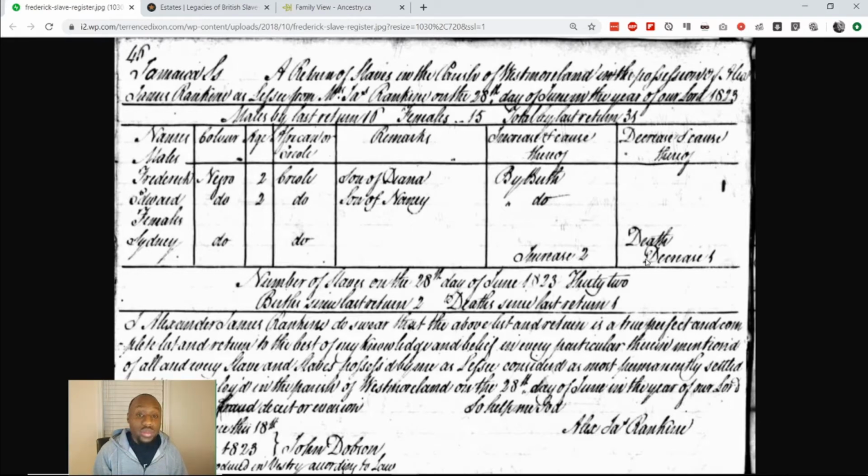And the decrease was because of her death. So it says number of slaves on the 28th day of June 1823, 30. Wait, 32. 32. Births since last return, 2. Deaths since last return, 1.